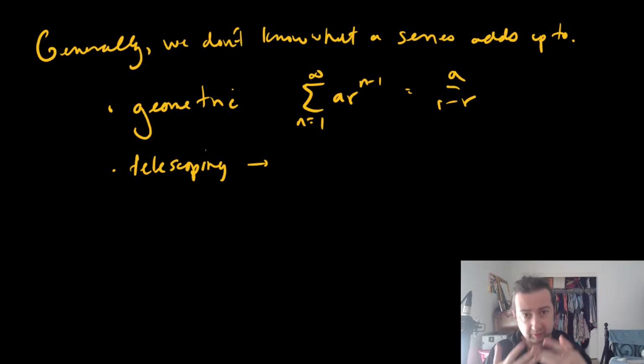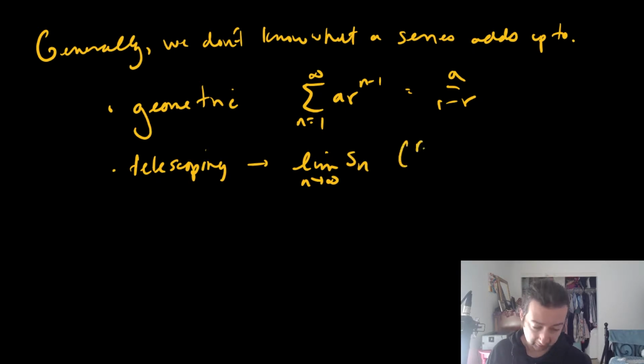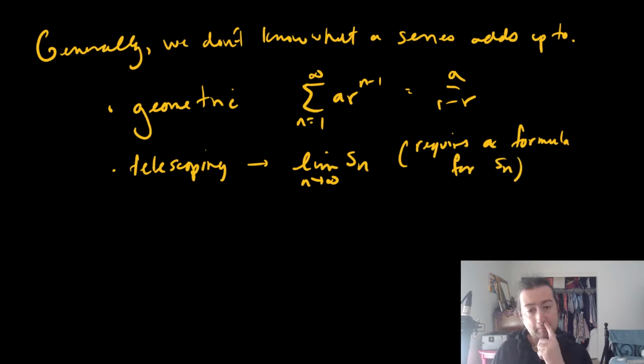So with a telescoping series, the middle terms all disappeared, and we ended up computing a limit as n went to infinity of a formula for the nth partial sum. So this requires a formula for Sn.